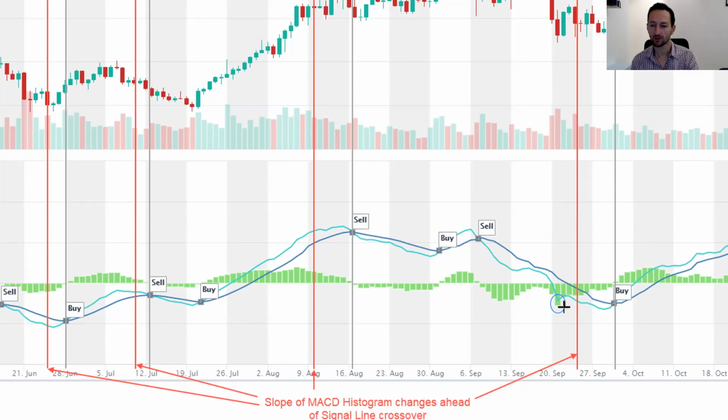The bars were basically rising again, still in the negative, but improving from the low here, indicating potential bullish inflection in the momentum of the price. So if we had listened to the histogram inflection, indicated by the red line here, we would have gotten into the trade sooner than if we had waited for the actual crossover signal.